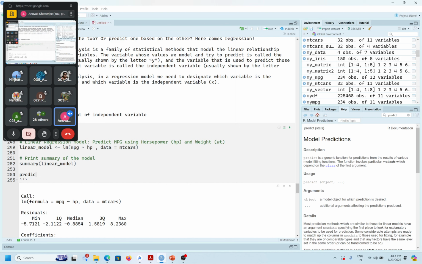Okay, I will tell you how to do it. Predict. So using predict, if you have read all of this, you can know that the first thing you have to input is the linear model that you have created. So the linear model, our name of the linear model is linear model, comma, the second is what you're trying to predict.